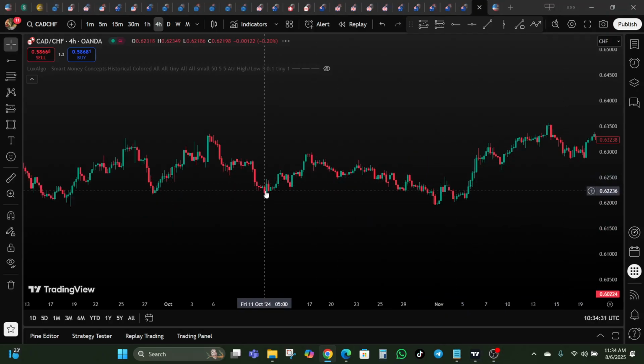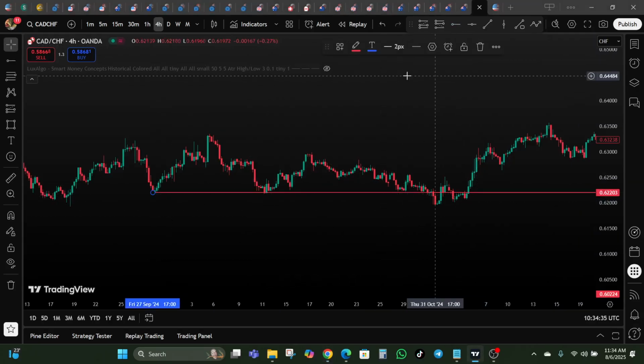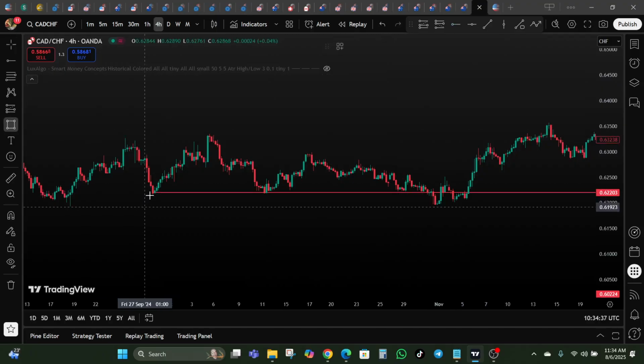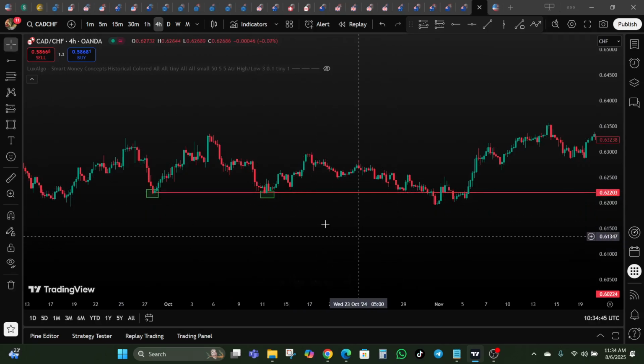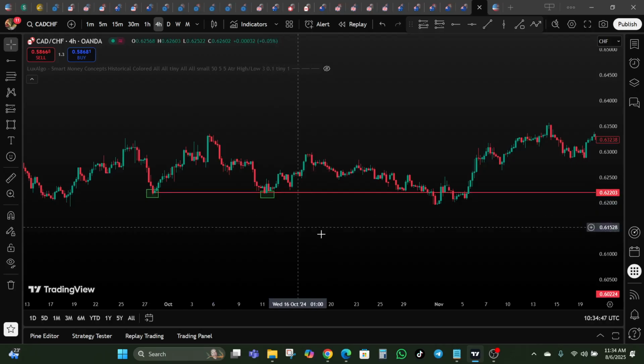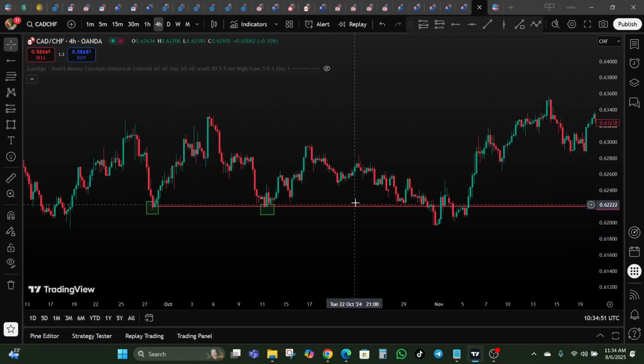Okay guys, so can you see what happened here? Can you see this zone around here? So now we have an equal low around here. Retail traders will assume that whenever price gets here, it's likely going to get rejected.